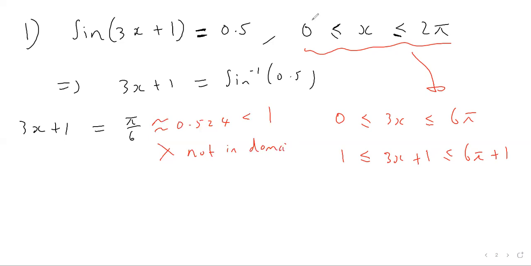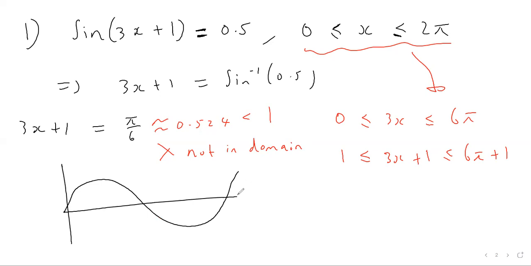So we just need to think about our sine graph and think about what would be in our domain. Let's draw a rough sine graph. Sine looks something like this, with a time period of 2 pi radians, 2 pi there, and pi there. Half on the y-axis is about there.